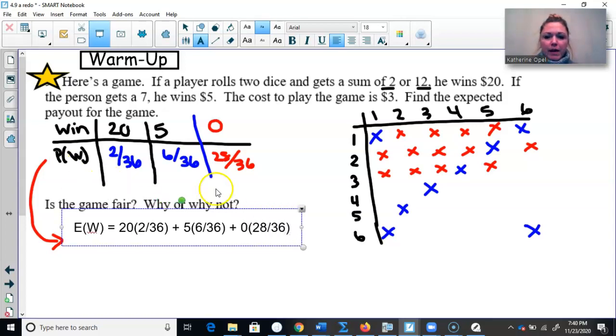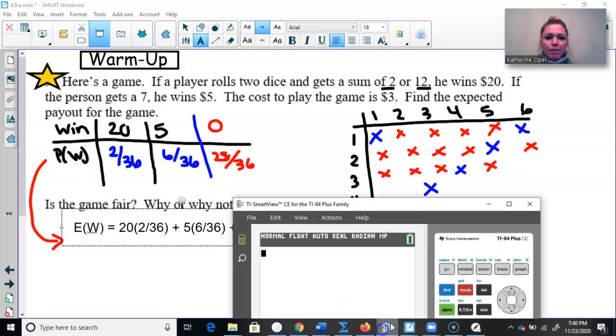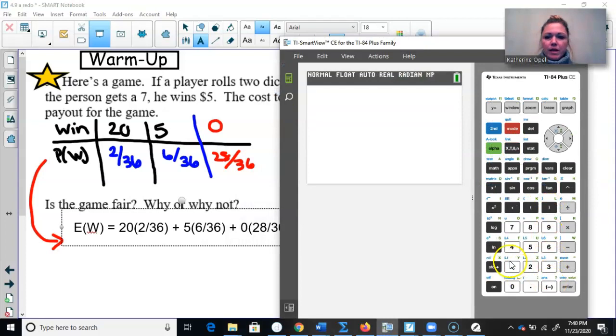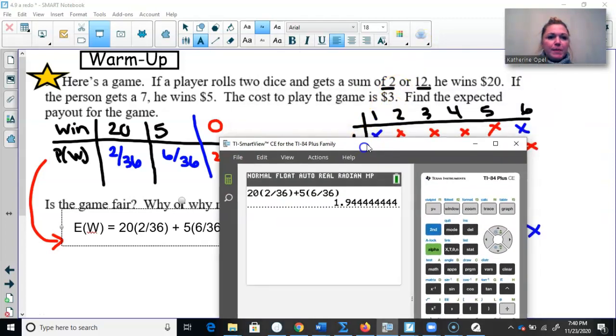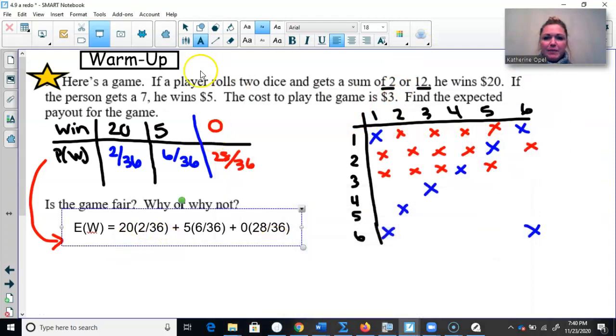We know the last one is 0. So instead of putting in L1 and L2 and taking that much time, I'm just going to take 20 times 2 over 36 plus 5 times 6 over 36, and I get 1.944. That's my expected winnings.